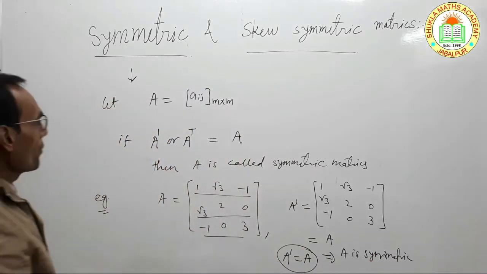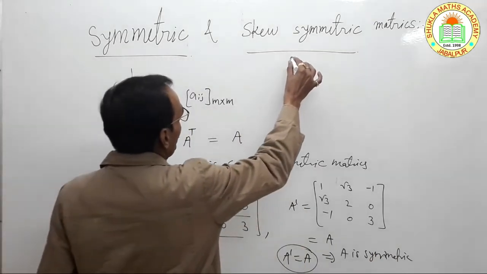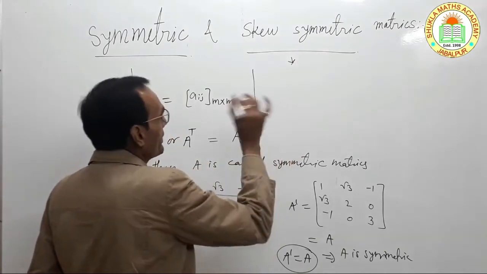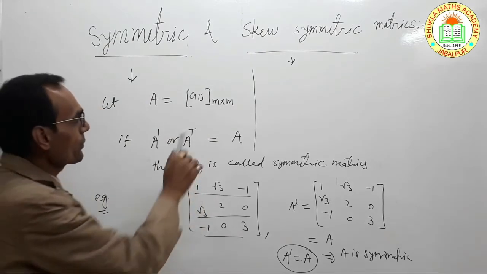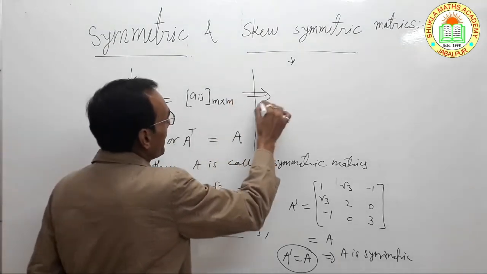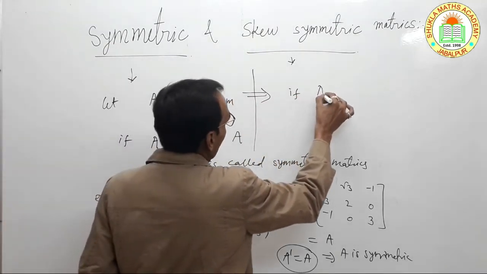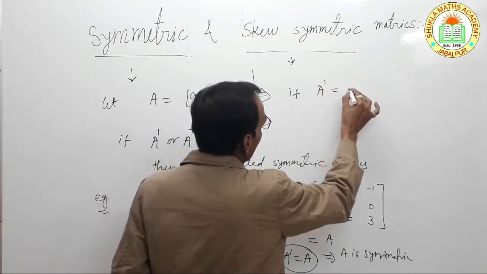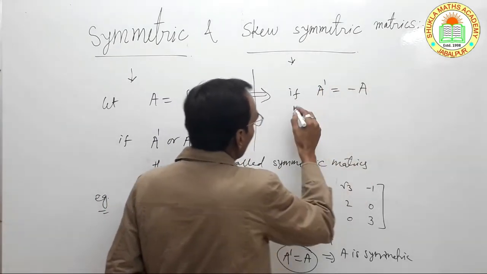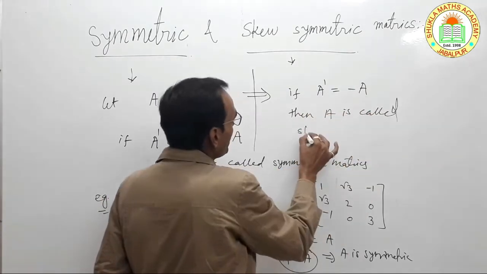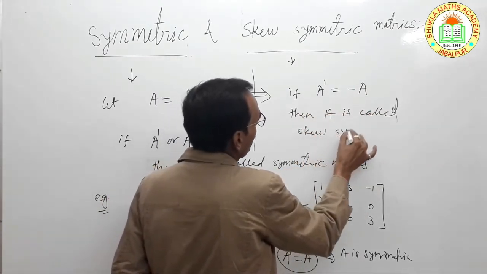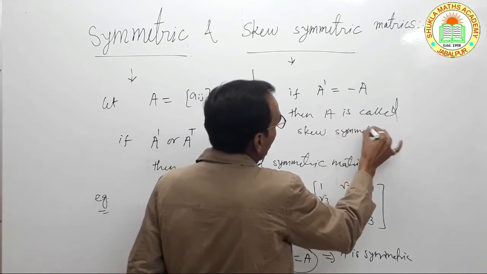And also we will discuss about the skew-symmetric matrix. So here let A equal to Aij m cross m is a square matrix, right? And if the transpose of a matrix is equal to minus of A, then A is called skew-symmetric matrix, right?